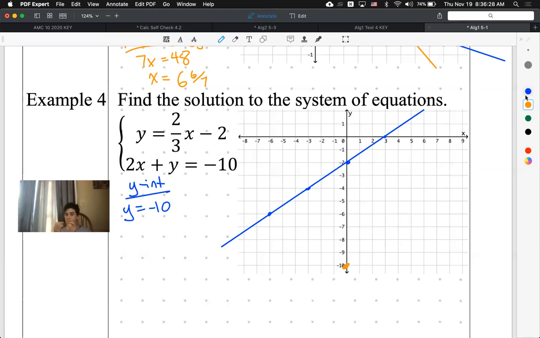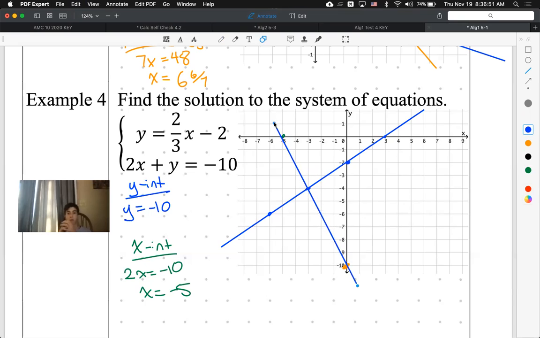And then x would be negative 5. You get 2x is equal to negative 10, and therefore x is equal to negative 5. Up there, and then you connect. And the intercept is negative 4, 3.